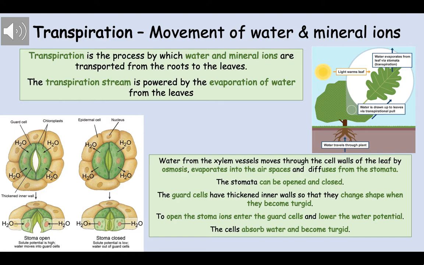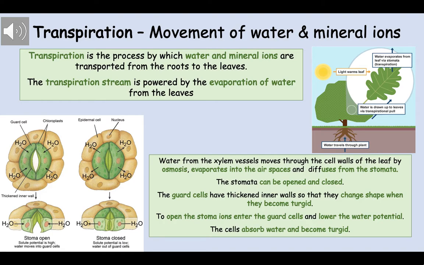So what it's going to do is it's going to move that water into the guard cell, which is those two green curvy cells you can see there. And what that water is going to do is it's going to flow into the vacuole of the cell. And then what that does is it makes the guard cell turgid, and it opens up the stomata. So then now we have an open pore in the leaf, and then any water from the leaf can now evaporate out of the stomata into the atmosphere, thus getting rid of some of that excess water.